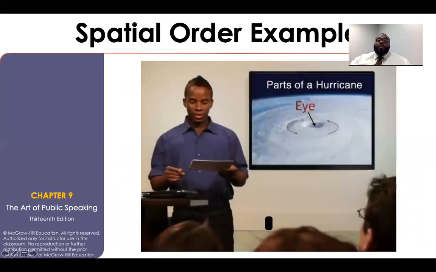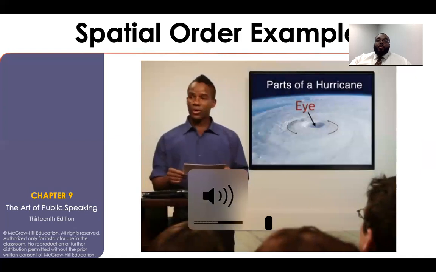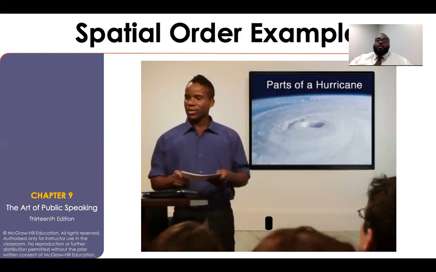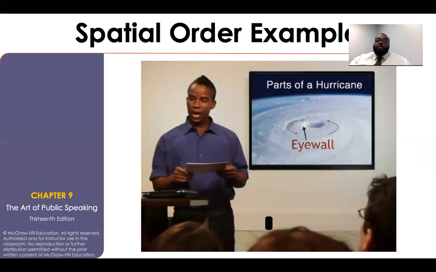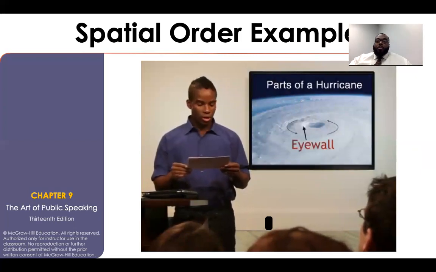Eye of the hurricane. Let's take a look at the next ring of the storm. Surrounding the eye of the hurricane is the eye wall, a dense ring of clouds that produce the most wind and rainfall. It's very hard to see the eye wall from above, but you can see it more clearly in this graphic.